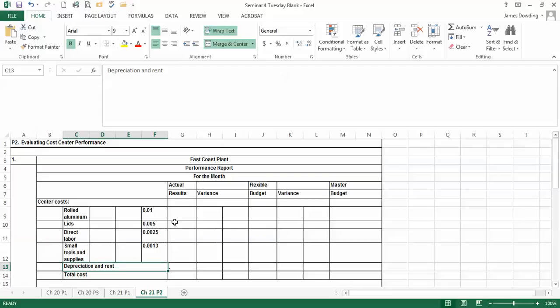So now we have the actual numbers, and the actual number for the East Coast is 3,492,000. The lids have an actual value of 1,980,000.